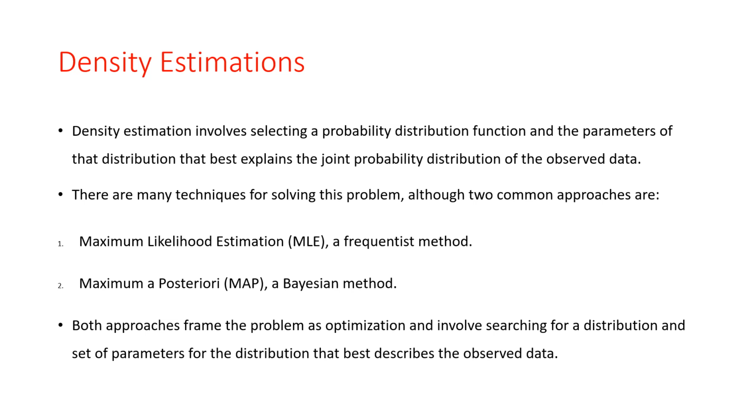Here in density estimation, we are using point estimation from the target distribution. Point estimation contains two techniques, MLE and MAP. There are many techniques for solving the problem. The two common approaches are maximum likelihood estimation, MLE, which is called the frequentist method, and maximum a posteriori, MAP, which is a Bayesian method.